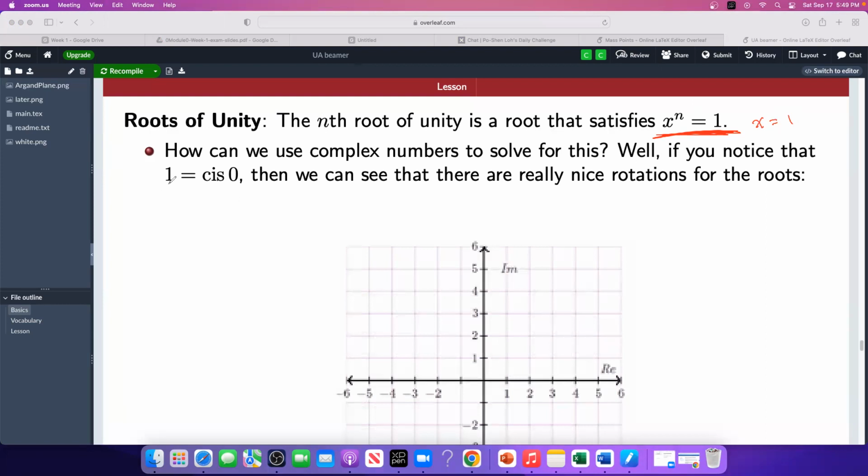Well, remember our division algorithm I showed you guys from the beginning, where if you have r cis theta and you want to divide it by some number n, you could just do r to the 1 over n, cis theta over n.